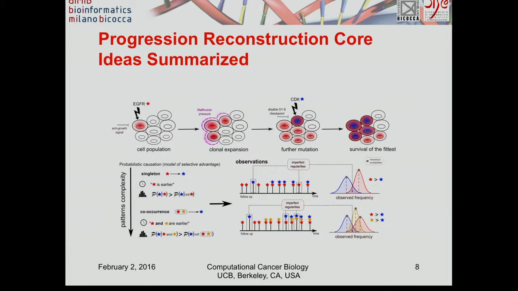What is happening here is that you are just observing the frequencies, and based on the frequencies, you are computing this probability. There is an extra little complication, in the sense that our setup is capable of dealing with potentially arbitrarily complex Boolean formulae of combinations of different alterations that have been acquired by a certain population of cells.